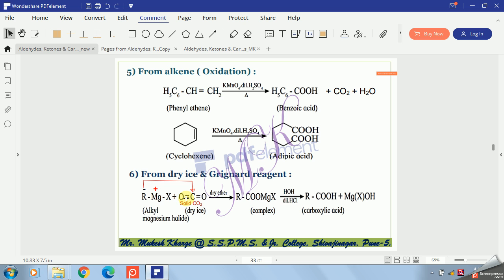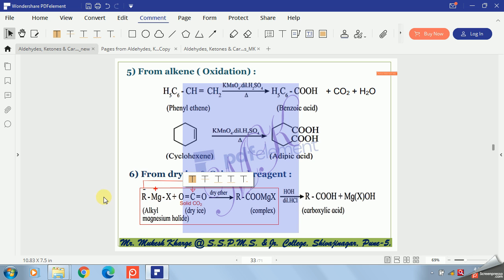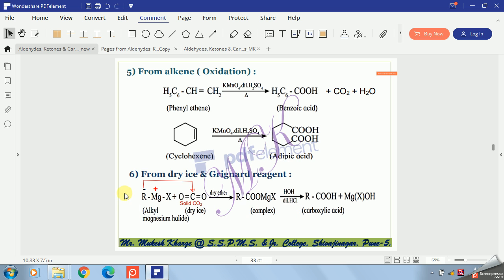Then the bond between oxygen and carbon gets shifted to oxygen, and oxygen becomes minus, that will take the MgX.